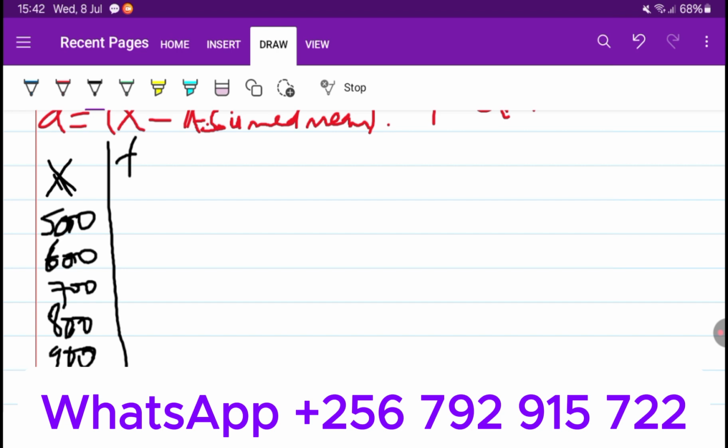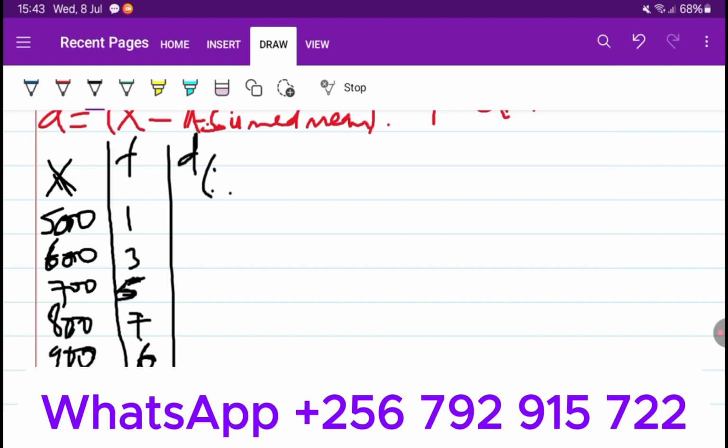So for the frequency we had 1, 3, 5, 7, 6, 2, and then 1. Then our D, we assumed that it's going to be x minus 800. We took 800 as our assumed mean in the previous question, so we are maintaining that. So we know how to get the D.